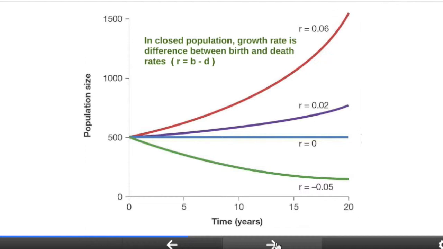If the number of individuals born is higher than the number that die, then you have a positive growth rate. If the number born is lower than the number that die, then you have a negative growth rate. However, if the number born equals the number that die, then you have zero growth rate. Populations that are stable have a growth rate very close to zero. New populations tend to see a positive growth rate.